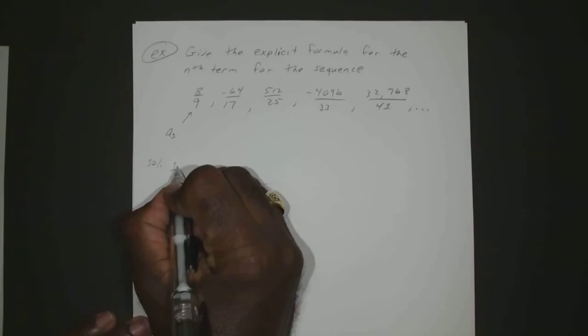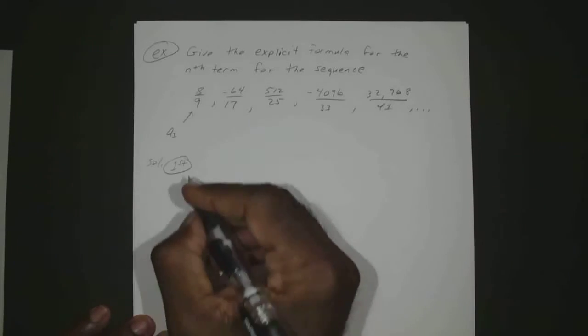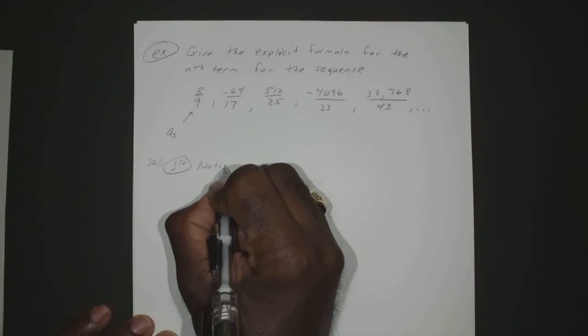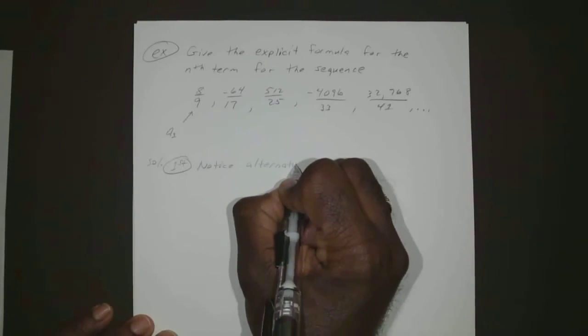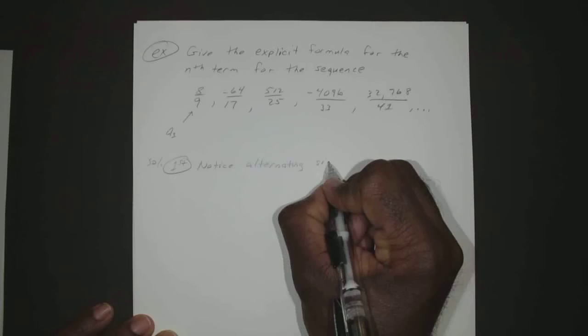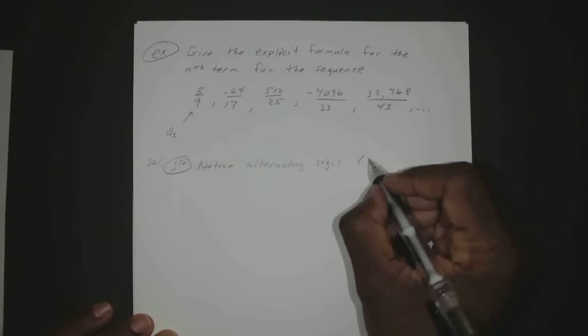All right, so just like before, you want to notice the alternating signs. It's going from negative, positive, negative, positive, negative. But this time, the second one is negative.